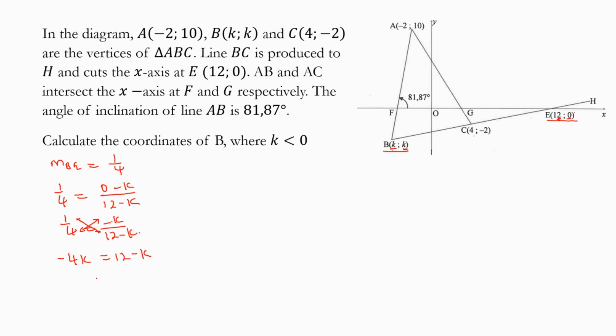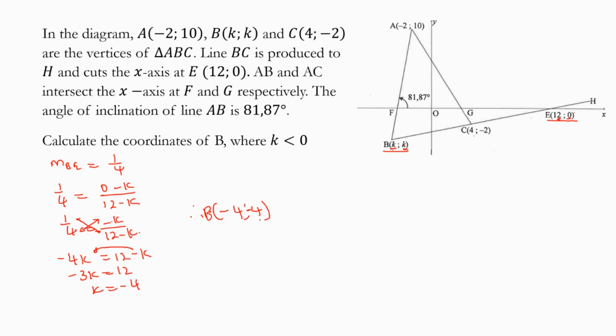Then we bring negative k to this side and it becomes negative 3k is equal to 12. Divide by negative 3 on both sides and k is equal to negative 4. Therefore, the coordinates of P are negative 4, negative 4. So that's another method.